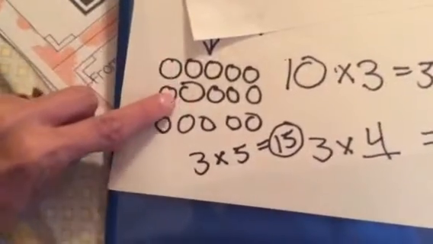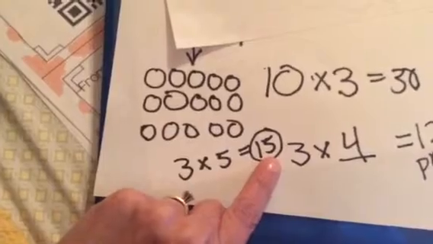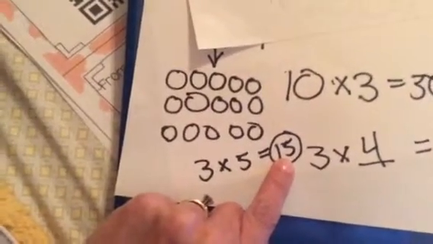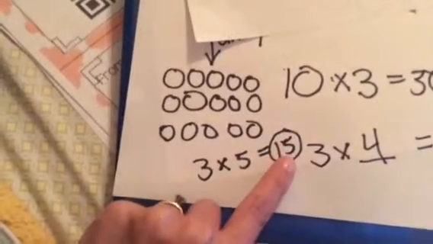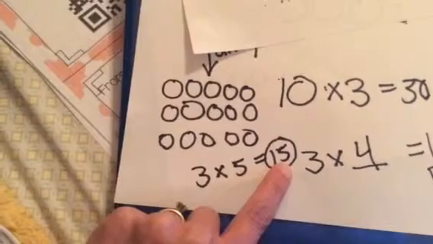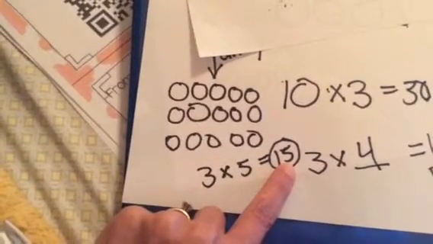And if you skip count that, you could say 5, 10, 15. And then your answer is going to be 15, or your product. When you multiply 2 numbers, your answer is your product. An expression is different from an equation because it doesn't have an equal sign.